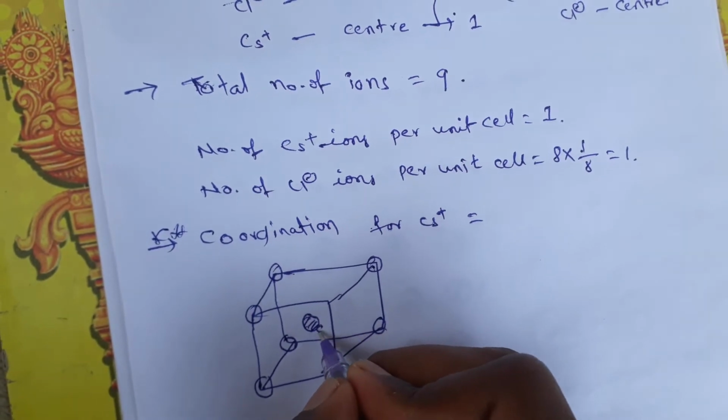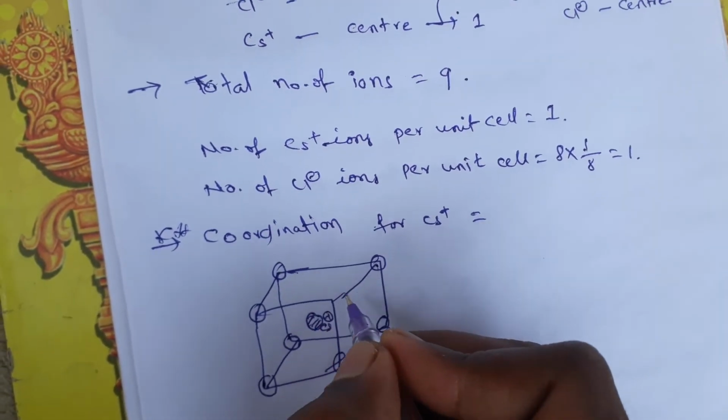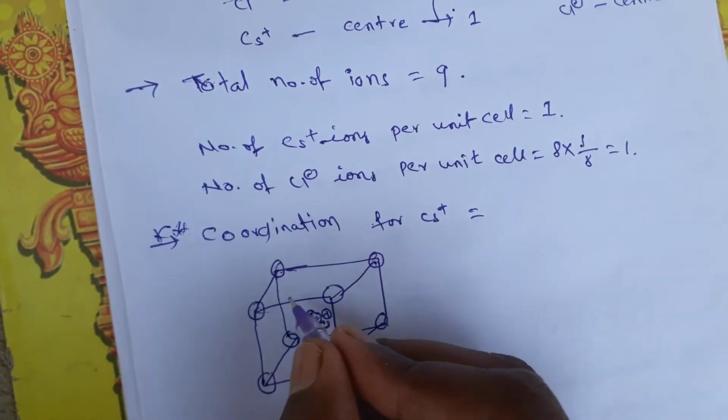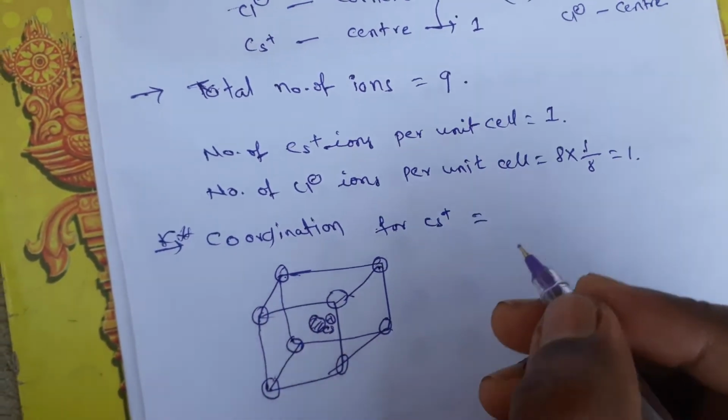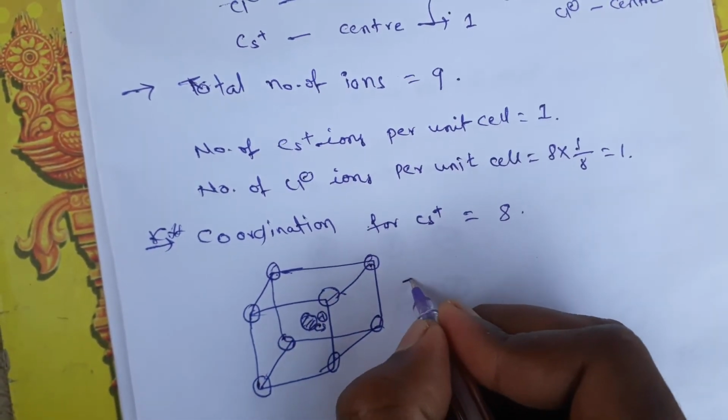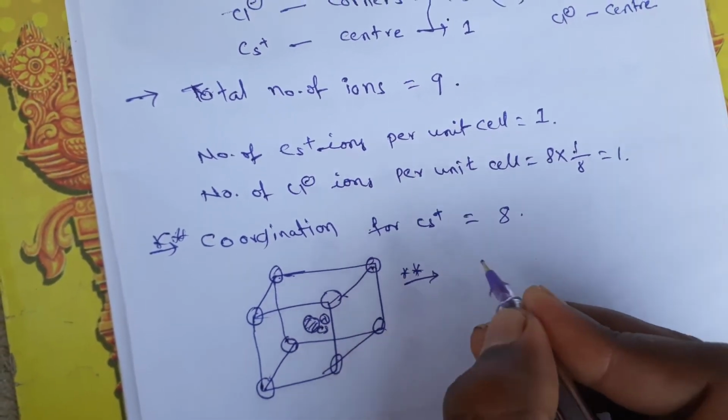That means cesium is present at the center. So how many neighbor atoms are there? 1 2 3 4 5 6 7 8. So the coordination number will be 8.